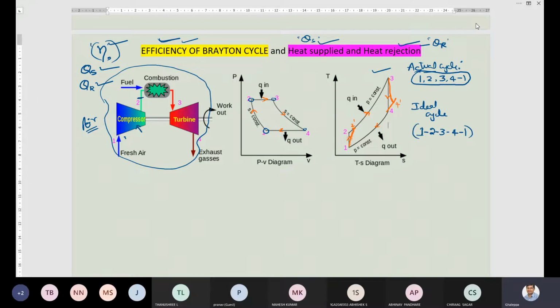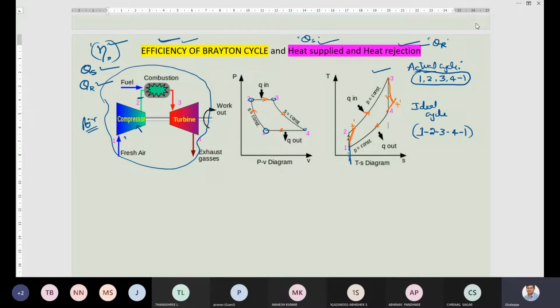Then what is the actual cycle? Only one point differs between actual and ideal. During the isentropic process, there is no perfect adiabatic process. So it will be very difficult to maintain constant entropy during isentropic compression, as well as during isentropic expansion, that is 3 to 4. So there will be a slight increase in the entropy here.